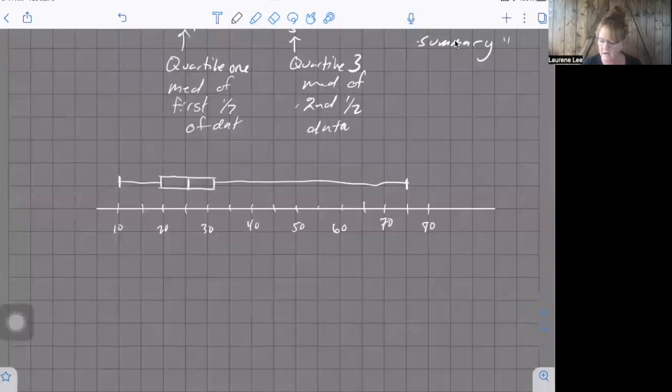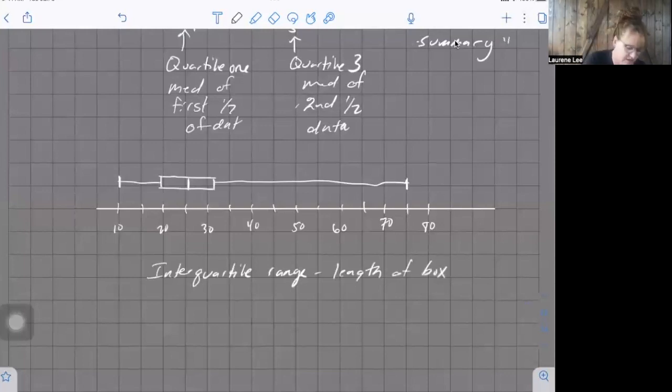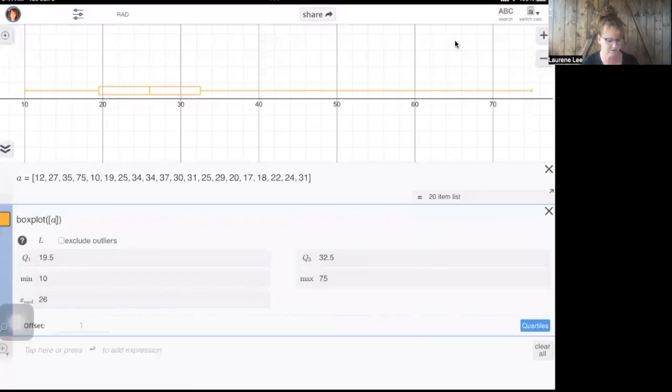All right, a little bit of vocab here. Interquartile range. That is the length of the box. Okay, so that's going to be from here to here, whatever that distance is. So for us, we're going to our 5-number summary because we want to look at those values exactly.